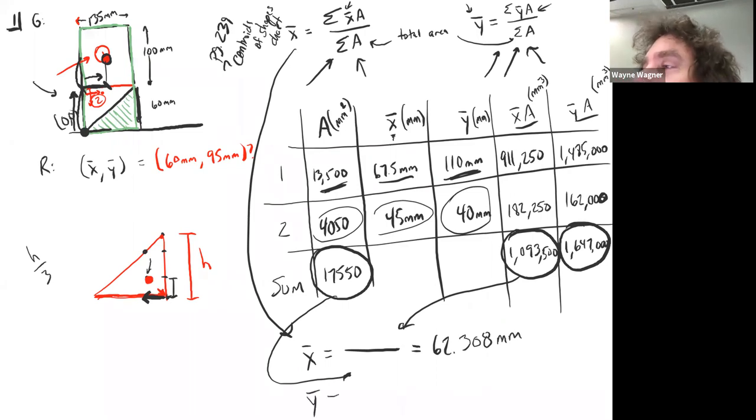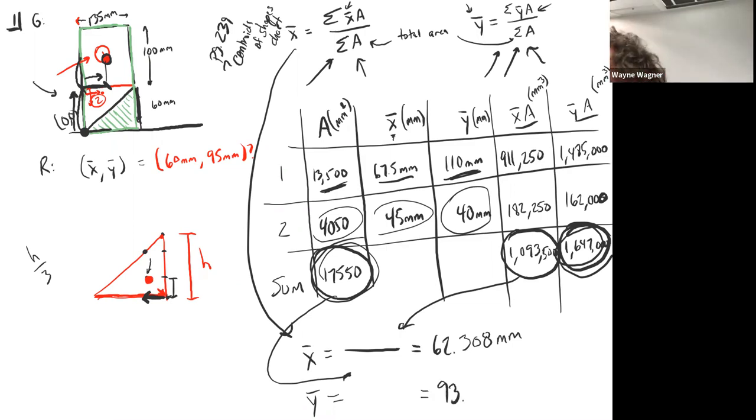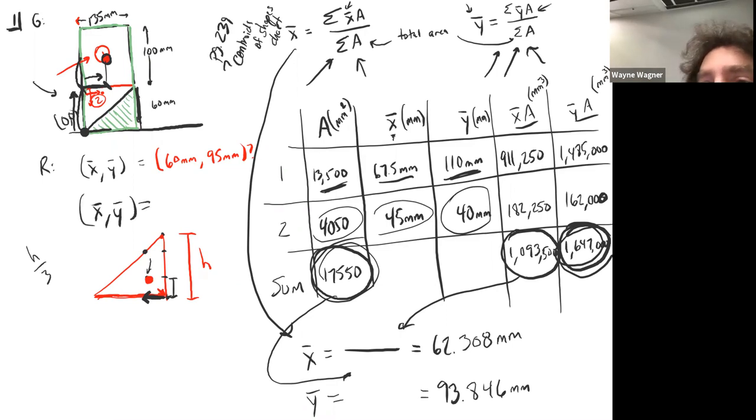And y bar, we take this value and divide by 17,550, which equals 93.846 millimeters. In this class, I would want x bar, y bar equals 62.3, 93.8. So my initial guess was pretty good, no complaints there.